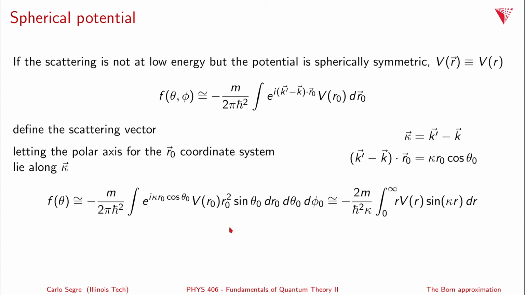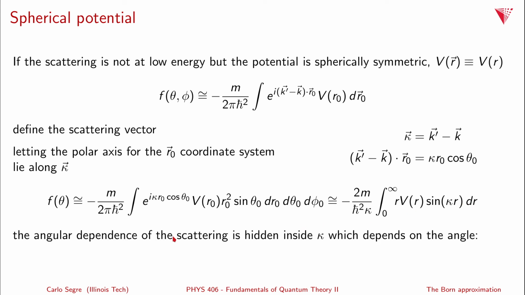And because you can integrate out the phi 0 immediately and get 2 pi, this is approximately equal to minus 2m over h bar squared kappa times the integral from 0 to infinity of r V of r sine of kappa r dr. And the angular dependence of the scattering is hidden inside the kappa because that contains the theta 0, and that depends on the angle.